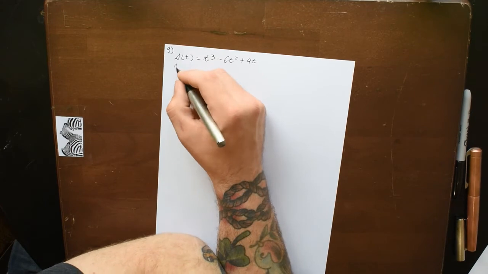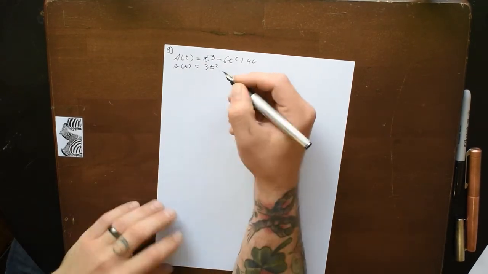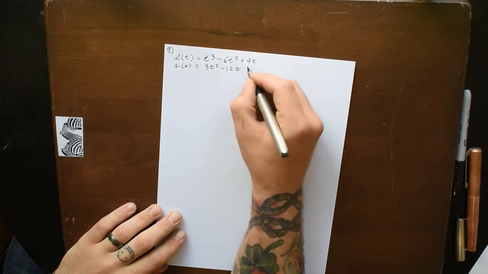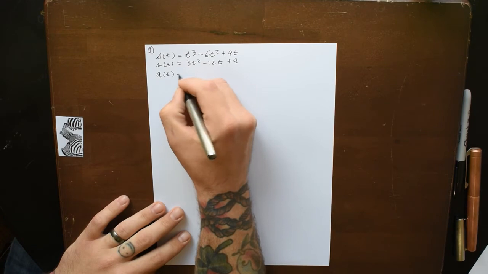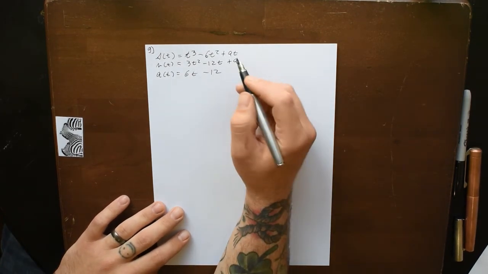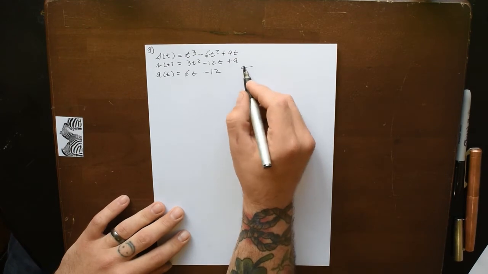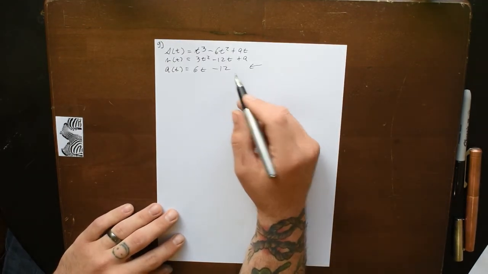We take our first derivative, it gives us our velocity, 3t squared minus 12t plus 9. Then we take our second derivative, 6t minus 12. So this is the function that gives the acceleration of the particle for any set time.